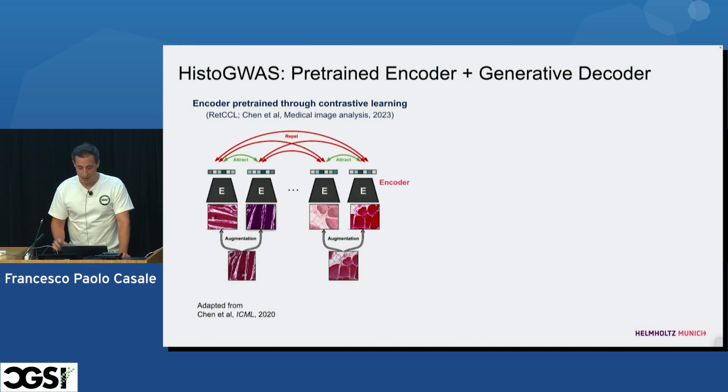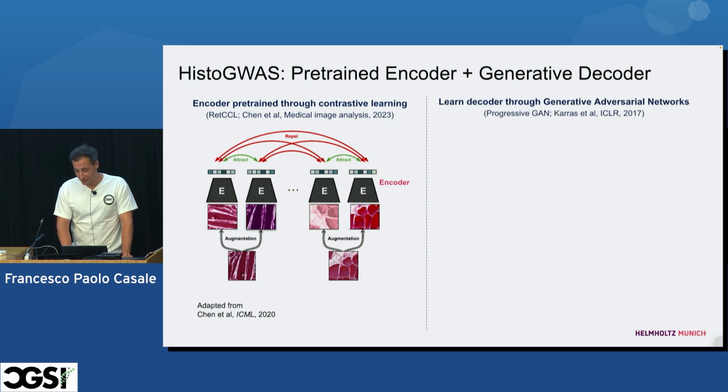And then you train an encoder such that embeddings of different augmentations of the same image are similar, while embeddings of different images are different. If you do that, your encoder learns to extract embeddings that are invariant to these transformations. And so they only preserve what we wish to define as content here.